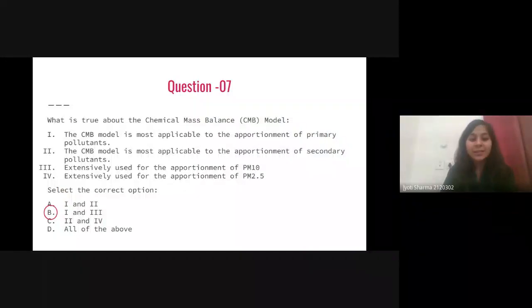So this model, the chemical mass balance model, is very much applicable to the apportionment of the primary pollutant. It doesn't consider the secondary pollutant, that's the first thing.